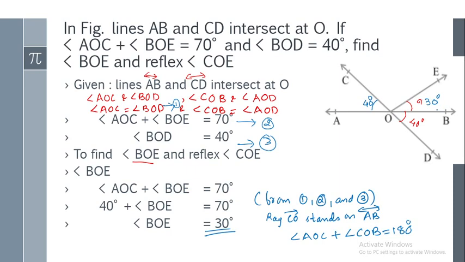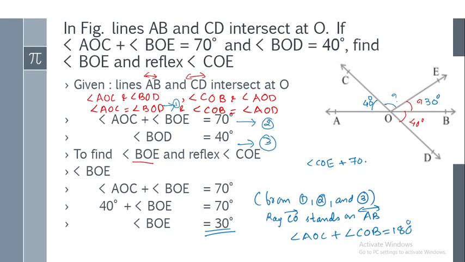Angle AOC plus angle EOB is equal to 70 degrees. That means angle COE plus 70 degrees is equal to 180 degrees. Ma'am, 70, not 78. 70, right? Yes, ma'am.